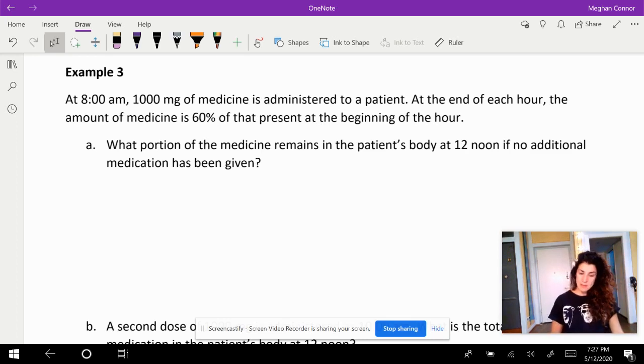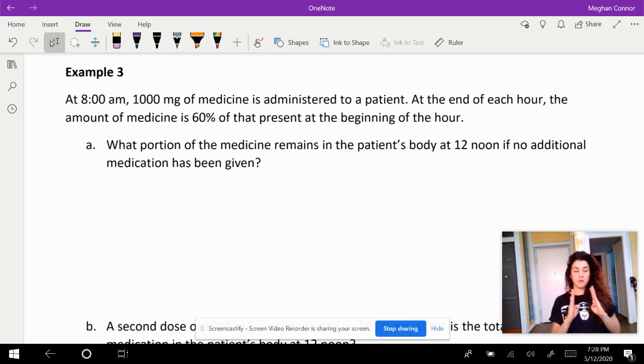What portion of the medicine remains in the patient's body at noon if no additional medication has been given? So we start at 1,000, and at the end of the first hour, it's already 60% of 1,000. So be very careful here, especially with these application problems.